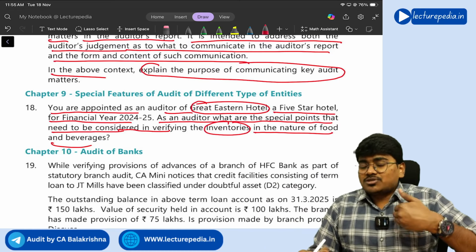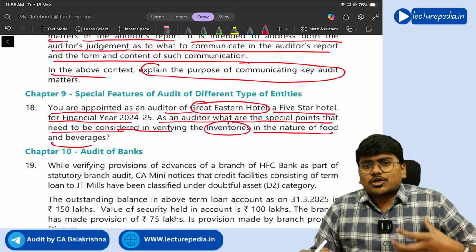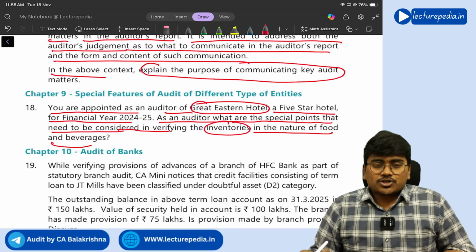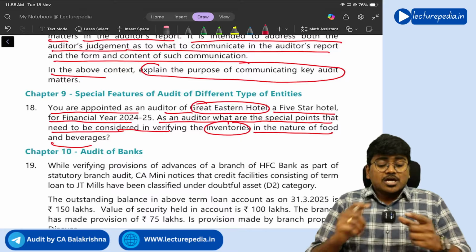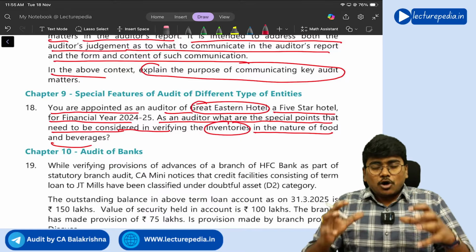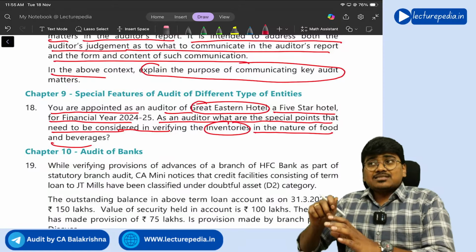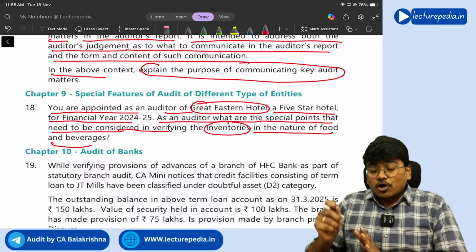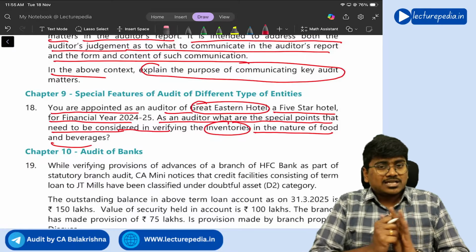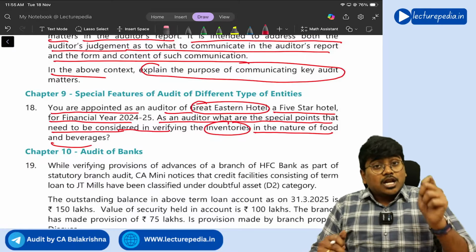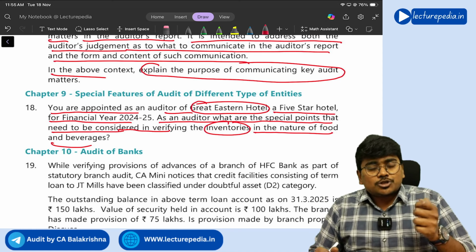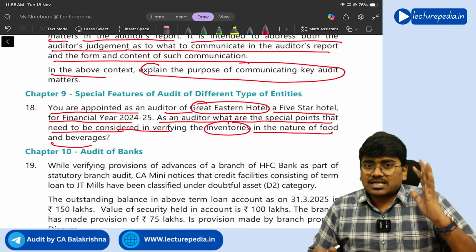And what procedures or what care internal control you should take with respect to protection of inventories in hotel. See, first of all, you need to keep all this inventory in a proper place and lock it properly. And the lock should be available only with the authorized people. Okay. And access to the lock should be given only to the authorized personnel.